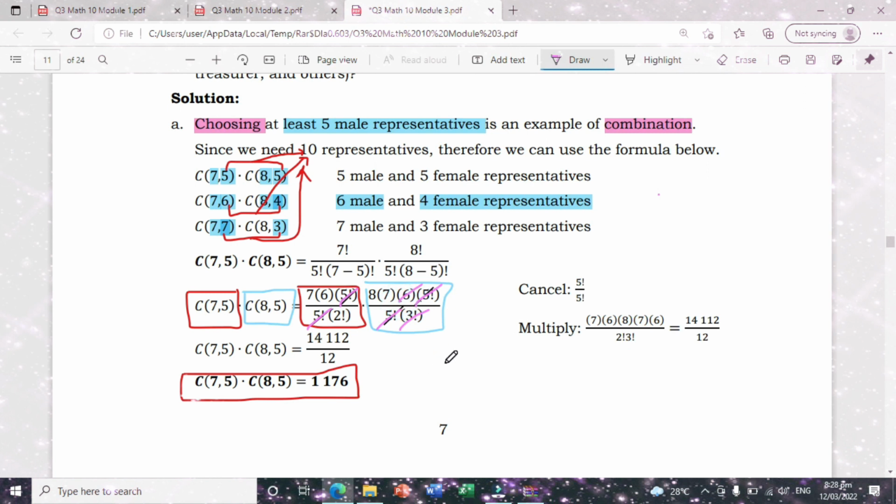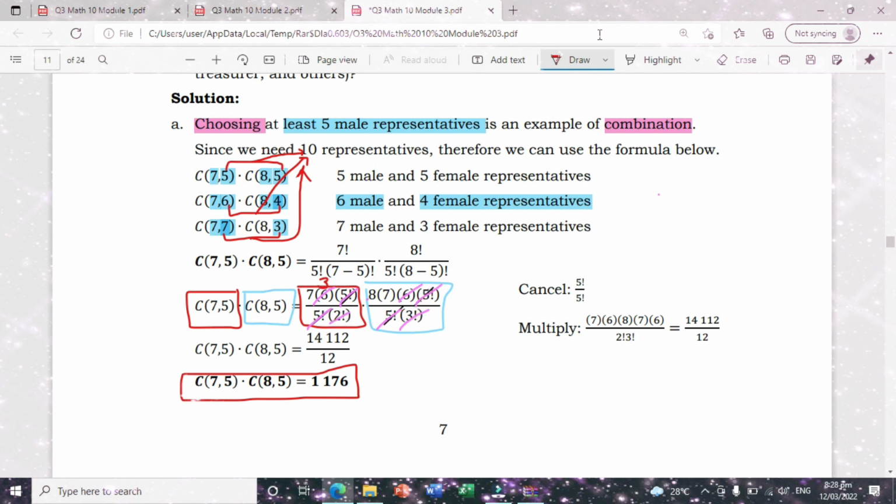Tapos, yung 2 factorial natin, 2 factorial is 2 times 1 is 2. Pwede pa ito i-cancel. Pwedeng 8, pwede rin 6. Ito na lang 6 kay maliit lang. So, yung 2. So, yung 6 ngayon magiging 3. Yan. So, makikita nyo, cancelled na lahat yung nasa denominator.